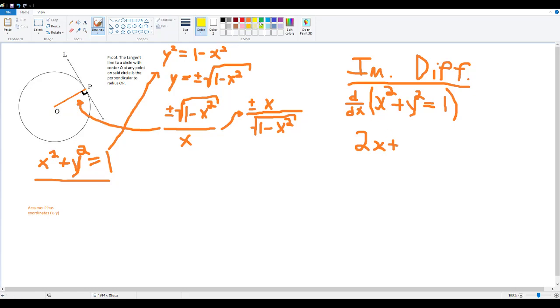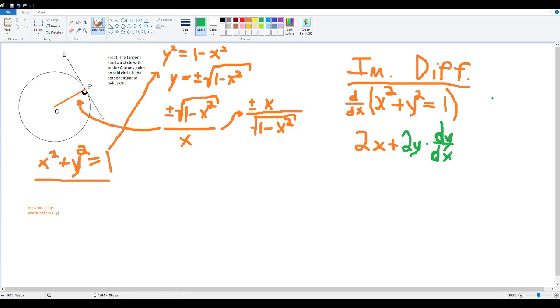Which here, let's just choose a color. This is going to look nice. 2y, right? Times dy by dx, right?